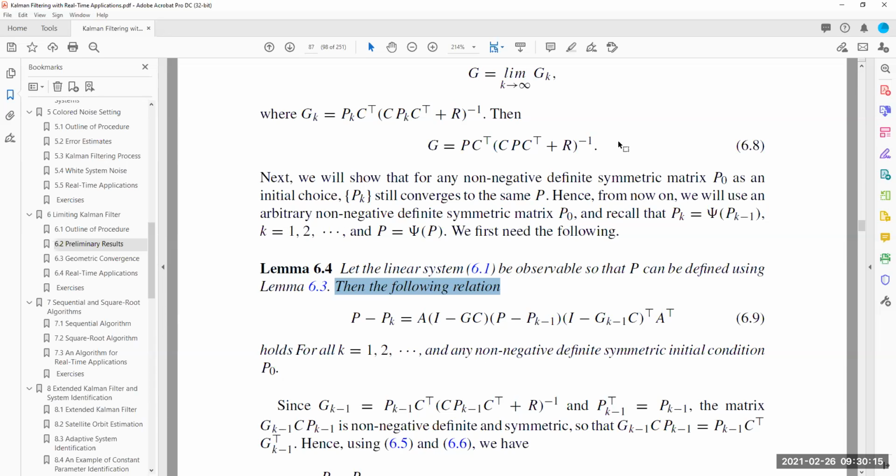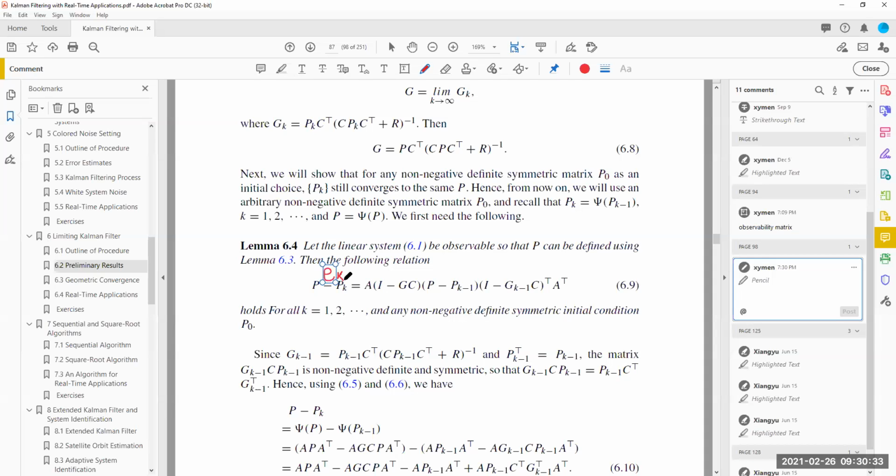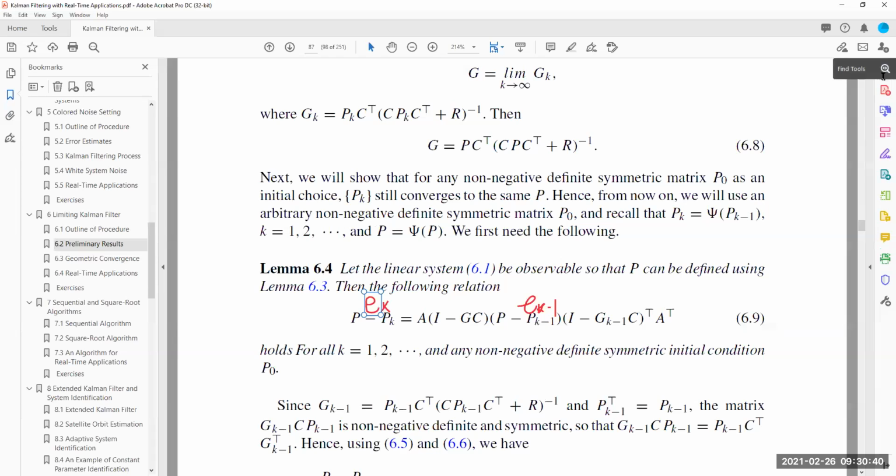Then, if you think of this in control as a dynamic system, it's similar to a recursive difference equation. If you assume this is EK, so this is EK minus 1. Okay, it's similar to how we prove the system is stable, but this is a matrix form.